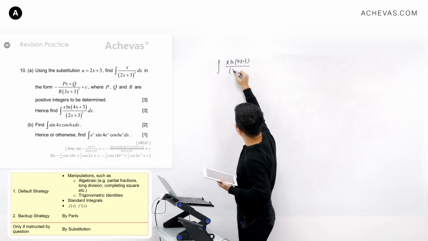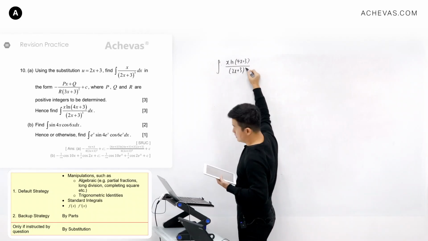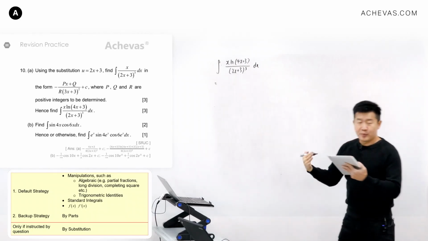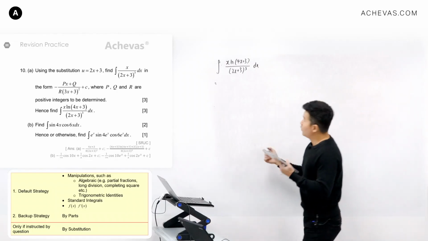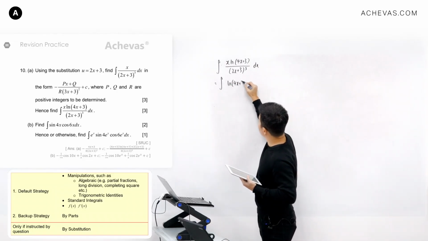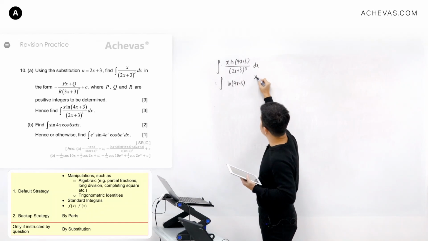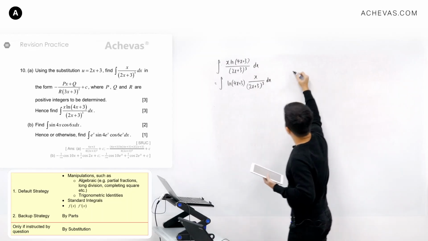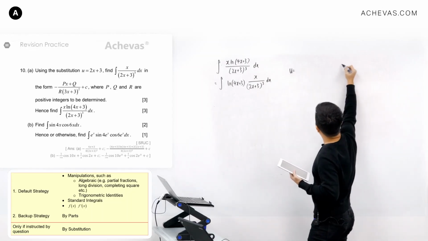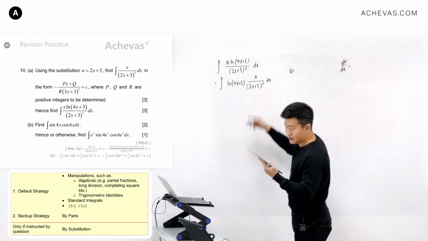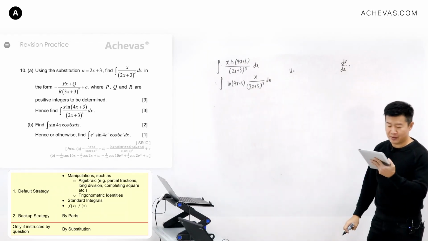Divided by (2x plus 3) cubed. I'm going to break this up into two parts. One is going to be ln of (4x plus 3). The other is going to be x over (2x plus 3) cubed. For u and dv dx, we know we can integrate this because we just did that in part 1.